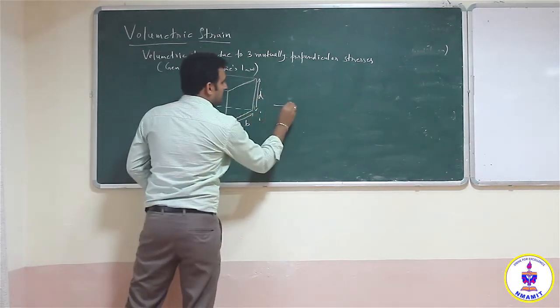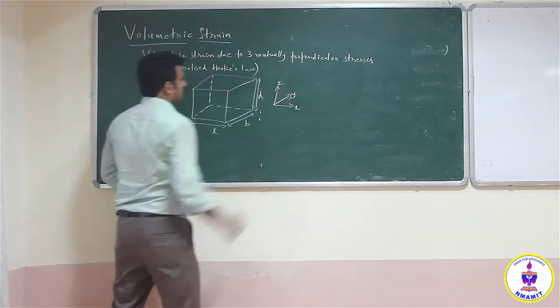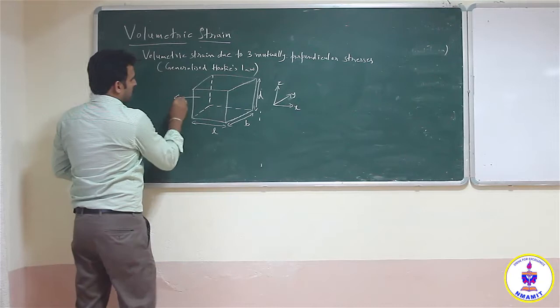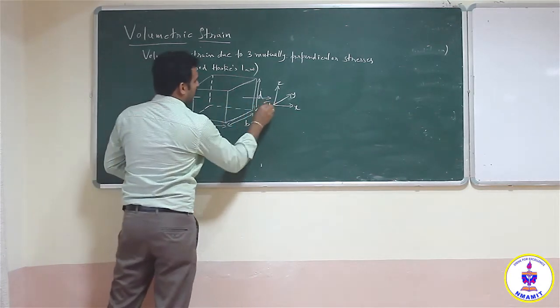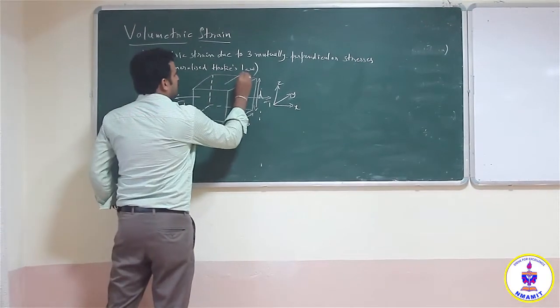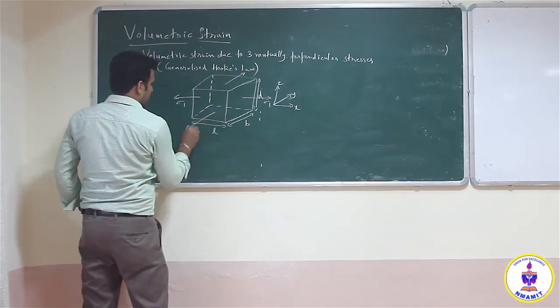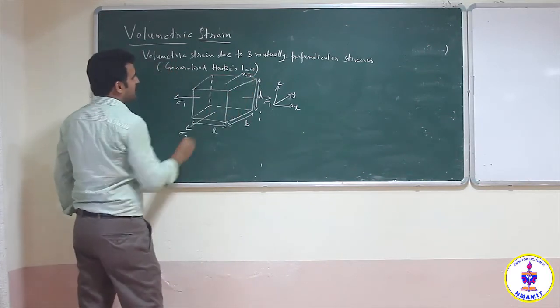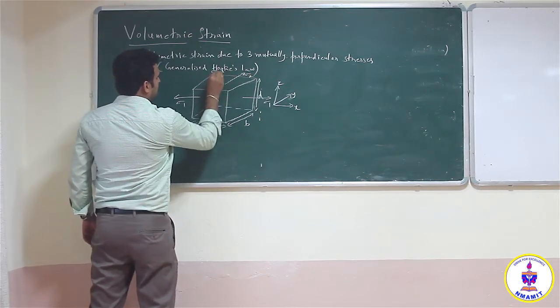So the variation is represented by x, y and z. Along the first face, the tensile stress sigma 1 is acting along x. Along y, there is a stress acting, that is sigma 2, tensile. And along z is again a tensile stress, sigma 3.